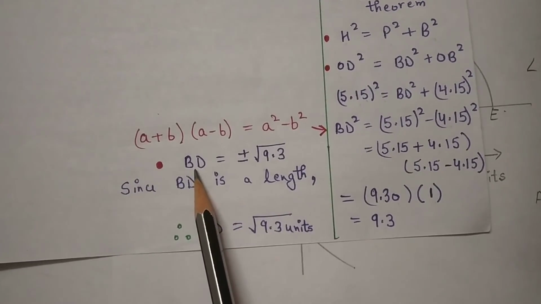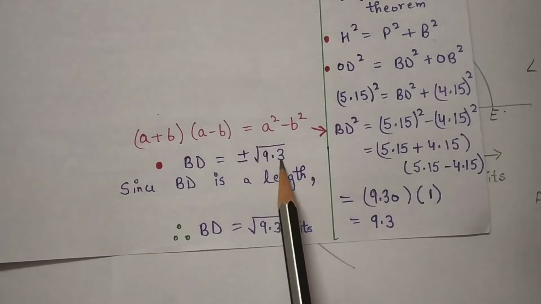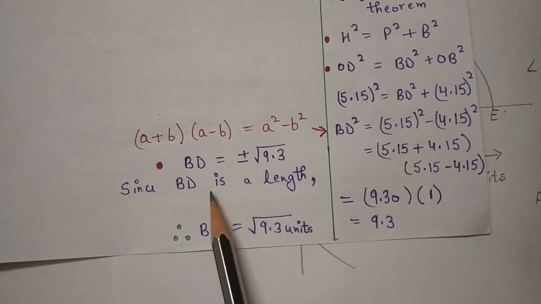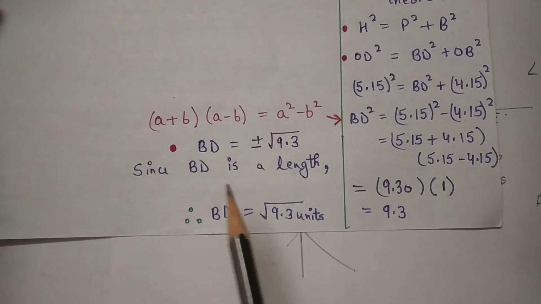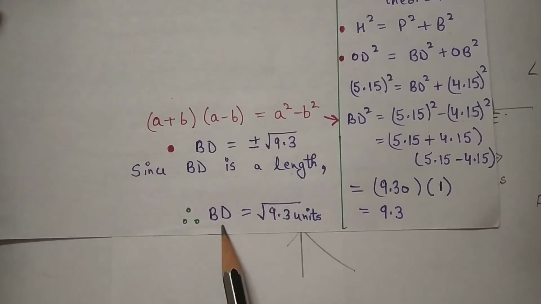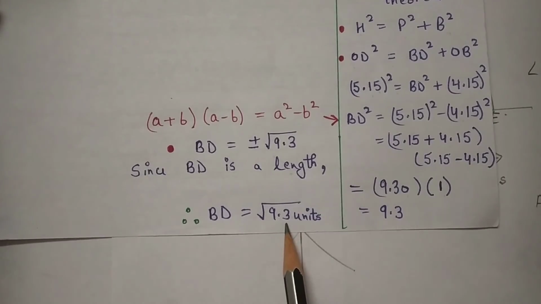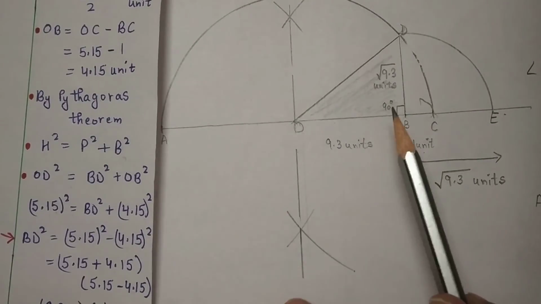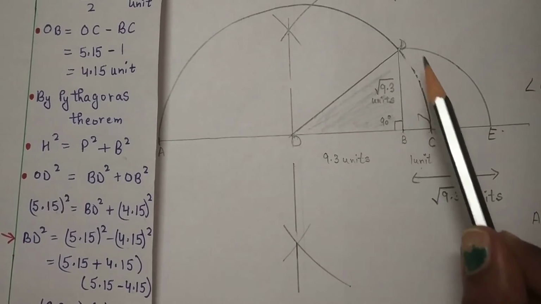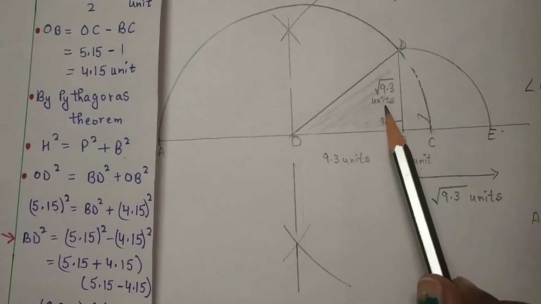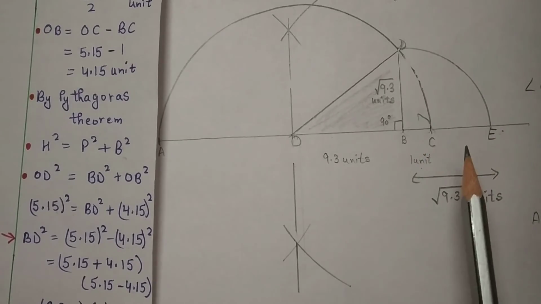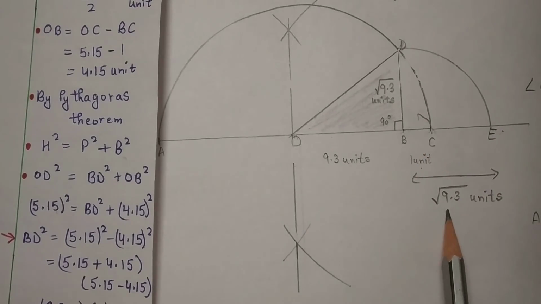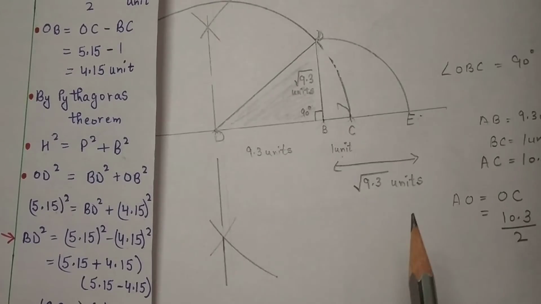So removing the square, I get plus minus root 9.3, since BD is a length. BD is a length, height, whatever, so it will always be positive. BD is equal to root 9.3 units. That was the reason I marked BD as root 9.3 units, and taking the arc here, BE, I have got root 9.3 units on the number line, which was required.